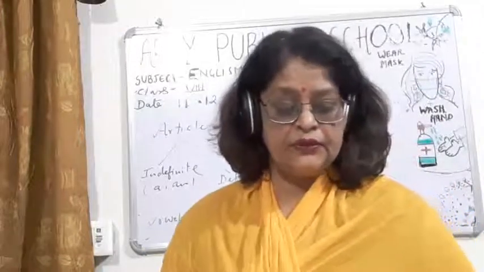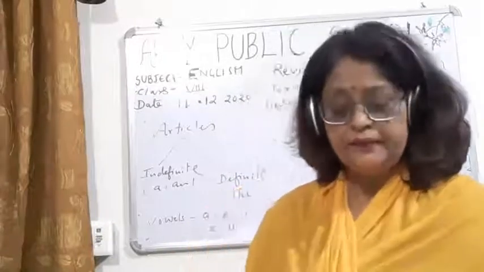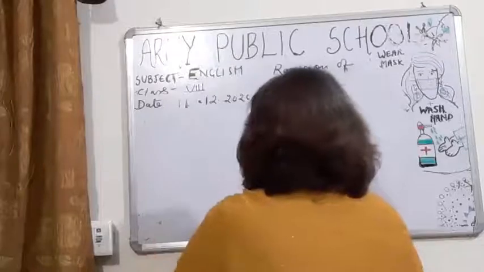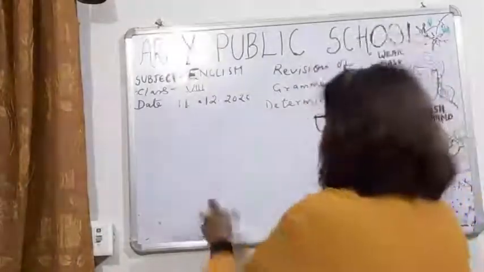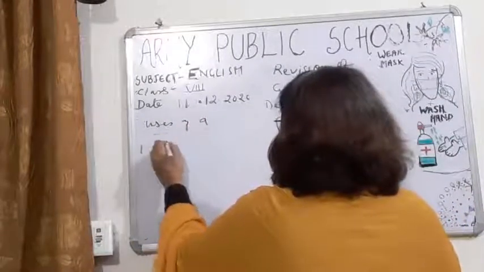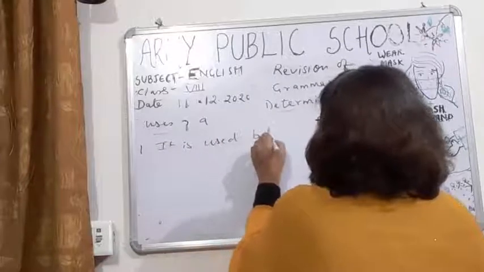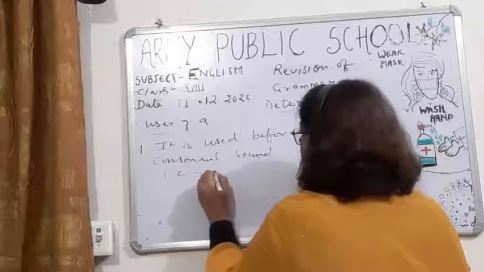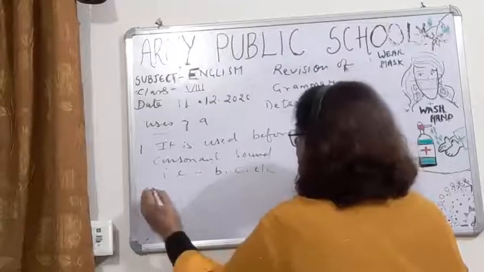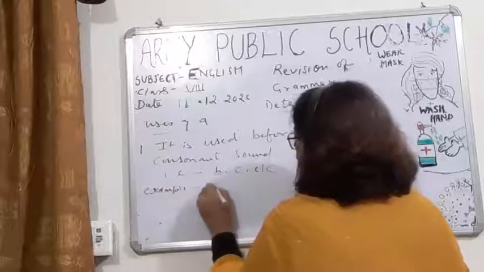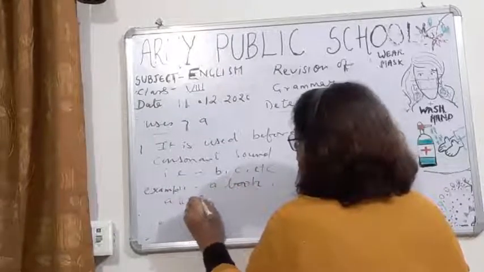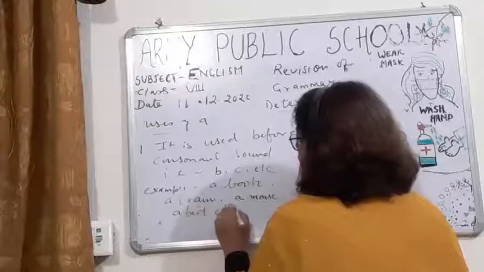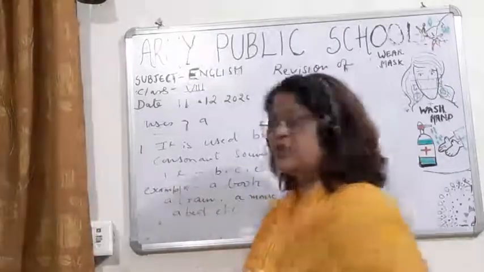Okay, like, children, we can say, for example, it is used before consonant sound, that is B, C, etc. Example, a book, a train, a mouse, a bed, etc. Okay, so this is the first use of a.